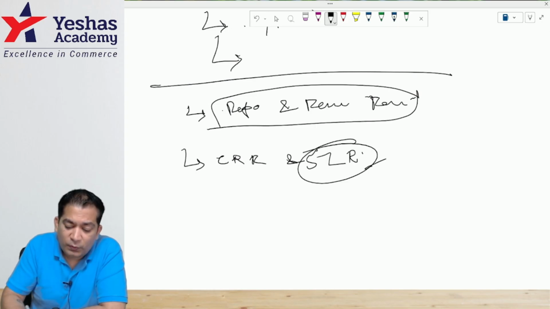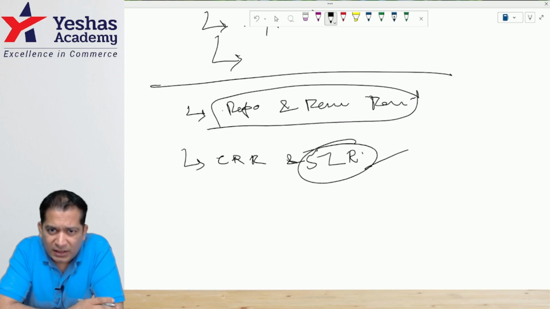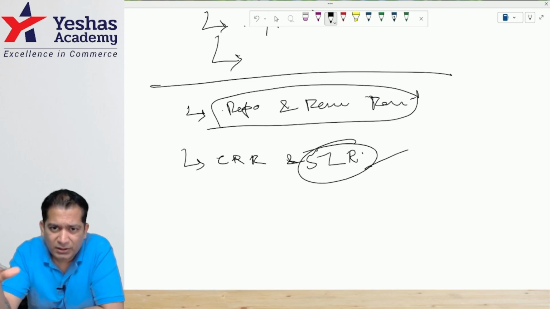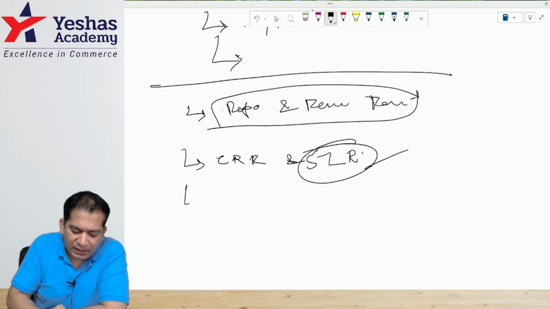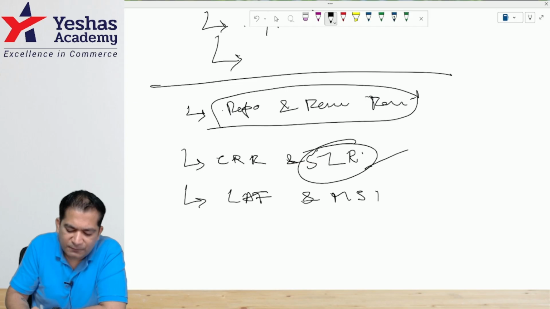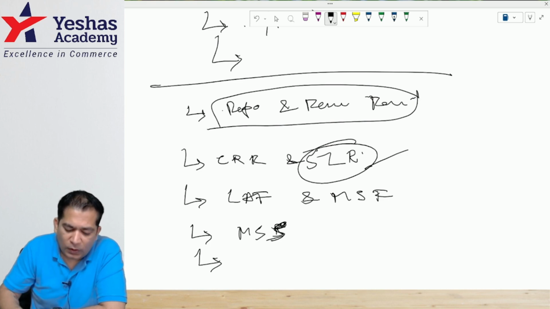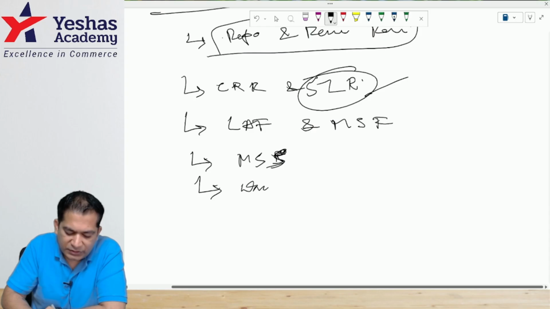They can also ask you where SLR can be invested: cash, government bonds, state developmental loans can be given. Then they can ask you about liquidity adjustment facility and marginal standing facility, and then market stabilization scheme, MSS. And sometimes they'll also ask you about ways and means advances.